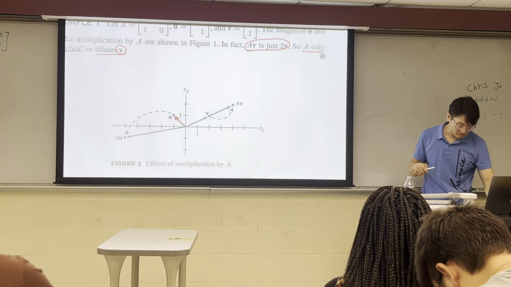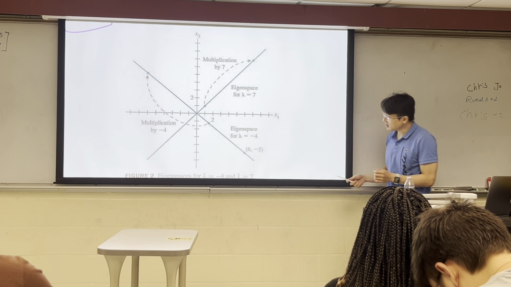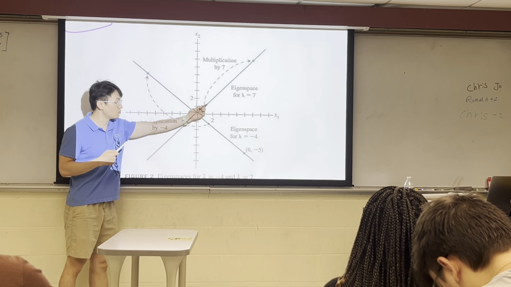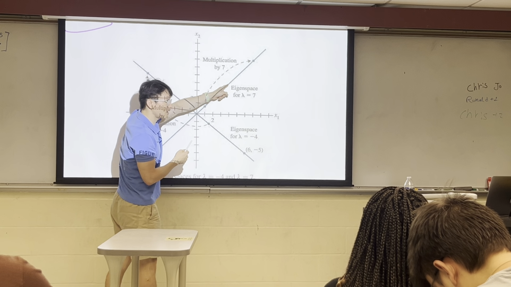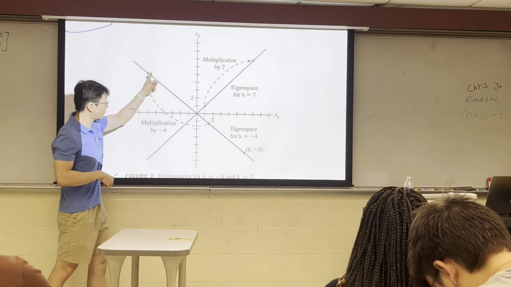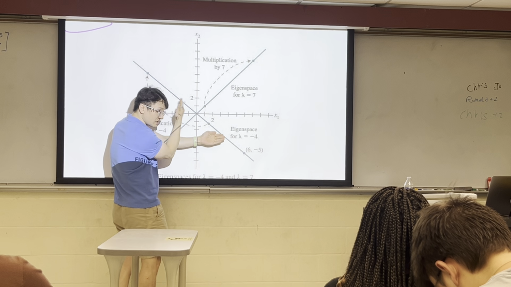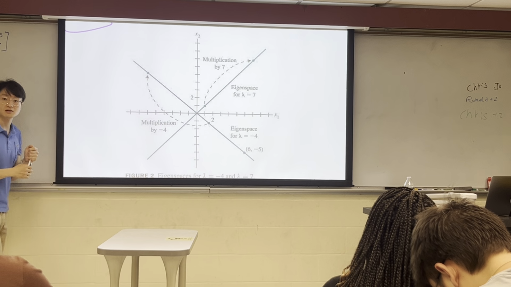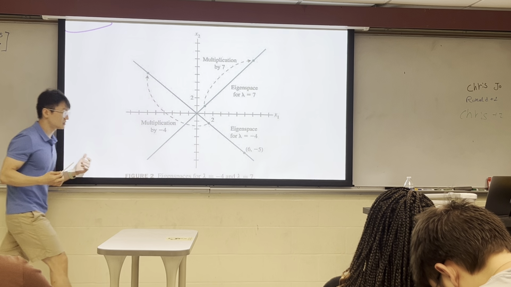However, if you pick a vector along this line, from this space, you never rotate. You're just going to stretch by 7. If you pick a vector from here, you're not going to rotate, but you're going to flip because you have the minus, and then you're going to stretch by 4. Okay? Make sense?